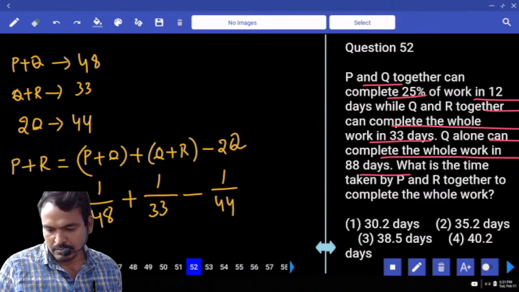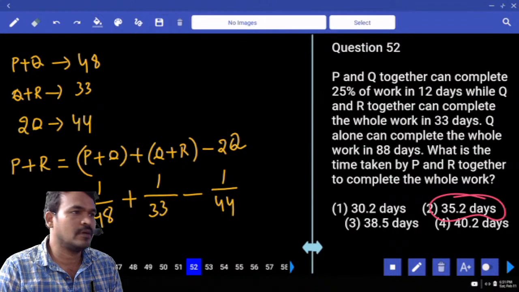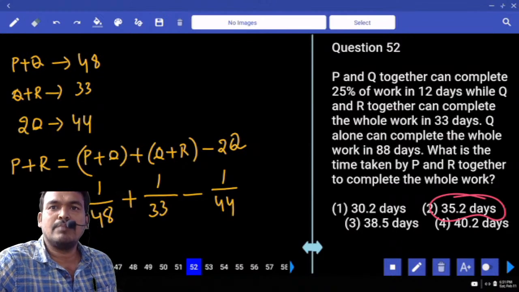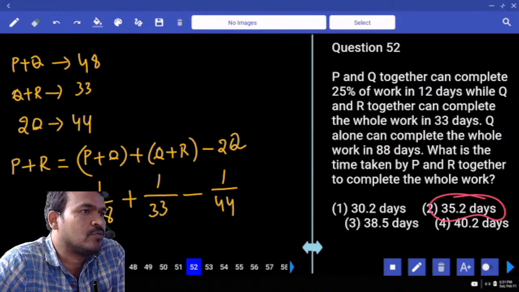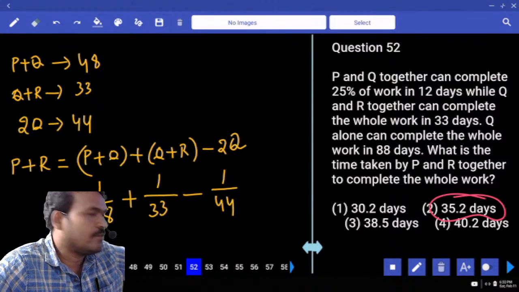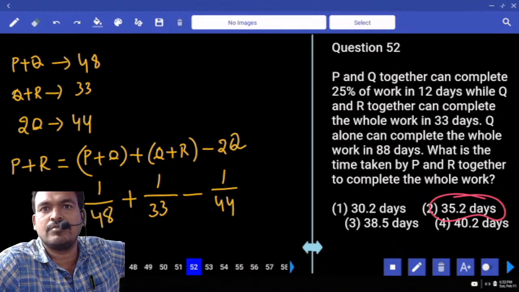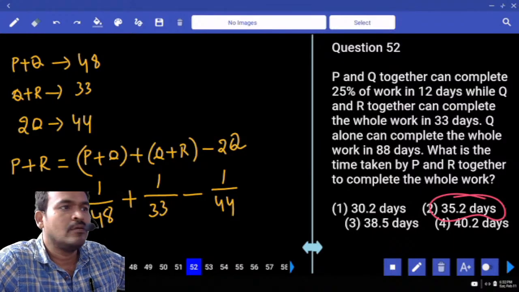Answer is 35.2 days. First solve 1 by 33 minus 1 by 44. What is the LCM? 132. 33 four times, 44 three times, so 4 minus 3 is 1, giving 1 by 132.